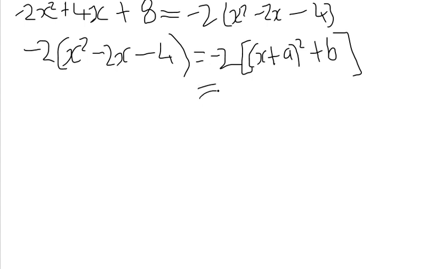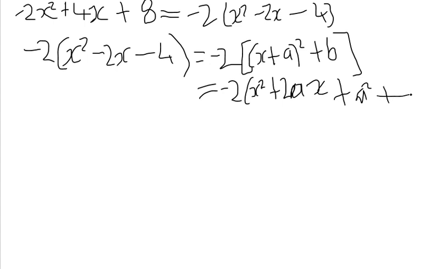We are going to have -2 and then bracket x squared plus 2ax plus a squared plus b.